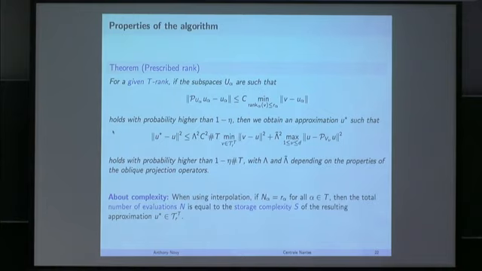So here is the first theorem about the property of this algorithm, when you work with a prescribed rank. So here, this theorem is under an assumption, which is not so trivial to verify in practice.